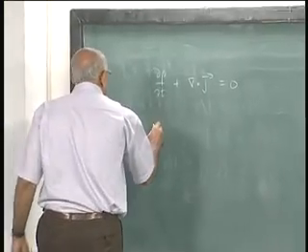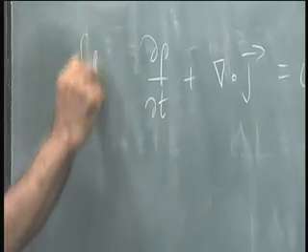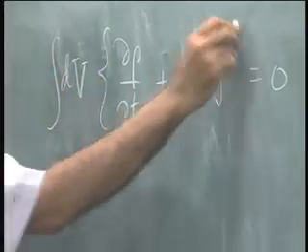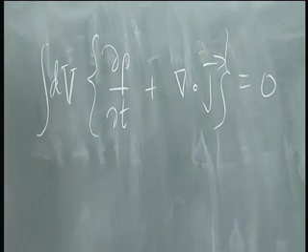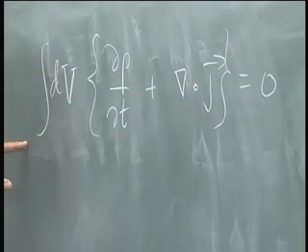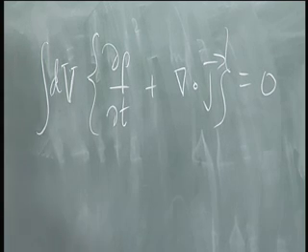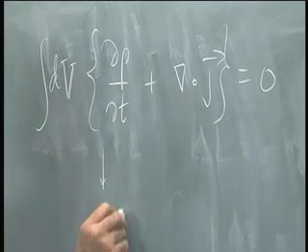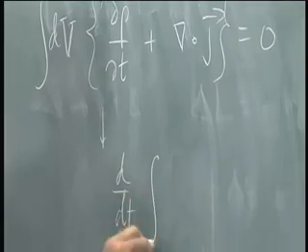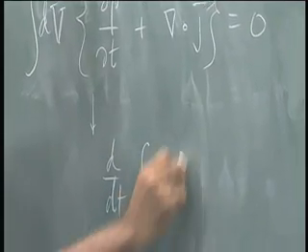Then this thing says, if I integrate over dV of this whole thing, I still get a 0, and of course if the volume is one large fixed volume, which I am going to let go to infinity eventually, this first term gives you d over dt of integral rho dV.